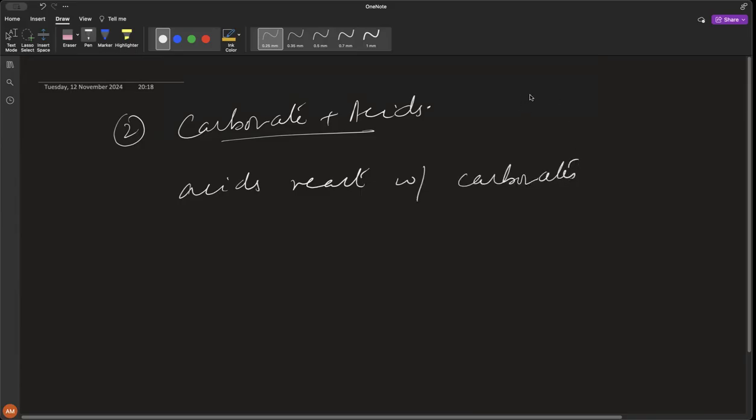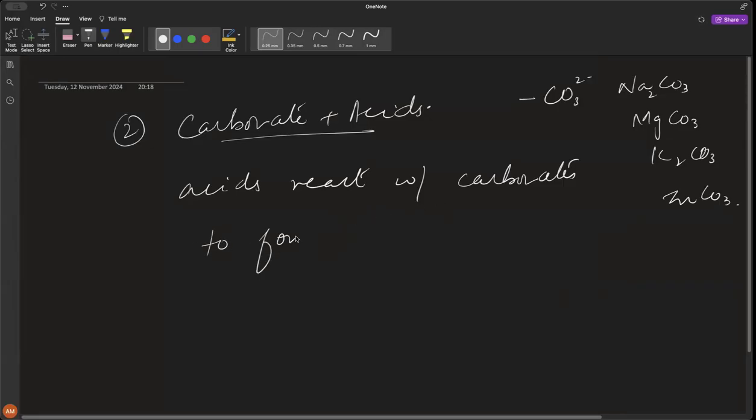Carbonates are ionic compounds that have carbonate with them, like sodium carbonate or magnesium carbonate, or potassium carbonate, like that. Zinc carbonate, like that.